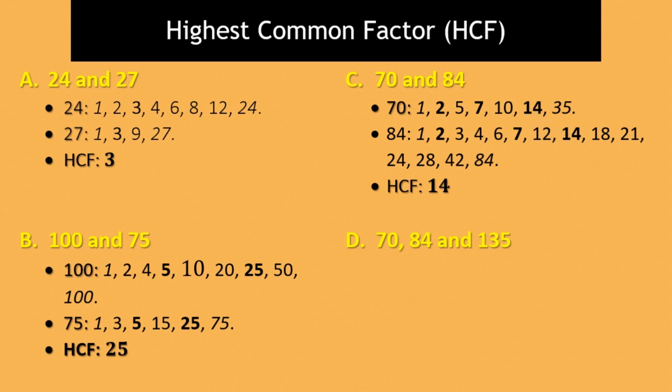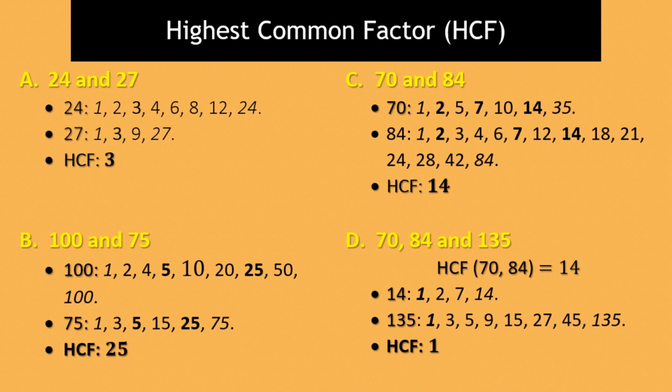Now, example D is the HCF of 70, 84, and 135. Since we already know the HCF of 70 and 84, which is 14, we can just list out the factors of 14, 1, 2, 7, and 14, as well as those of 135.